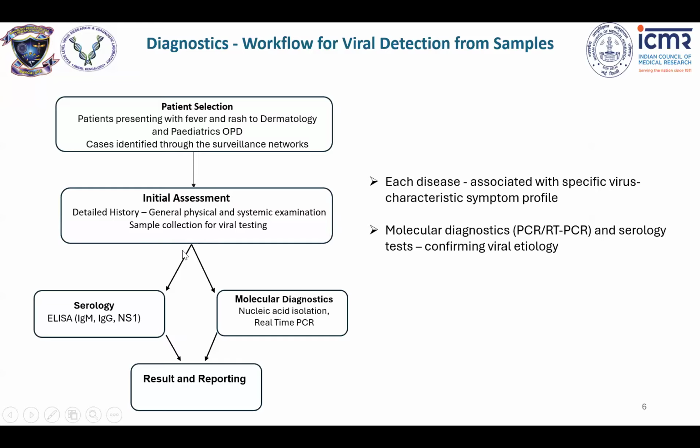The diagnostic test used depends again on the clinical diagnosis. After testing, the results are analyzed and duly reported in the relevant portals, that is IHIP of NCDC and the NIE portal of ICMR.